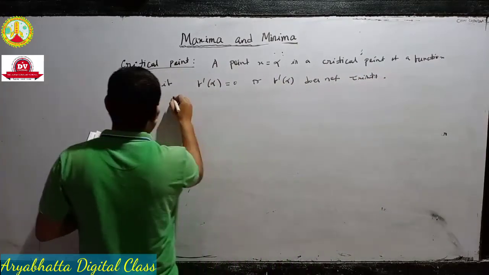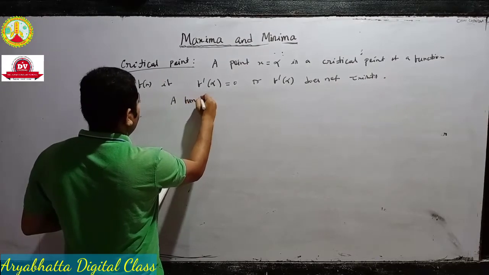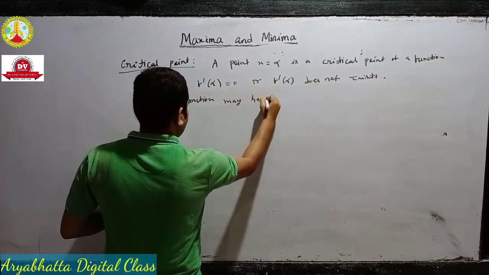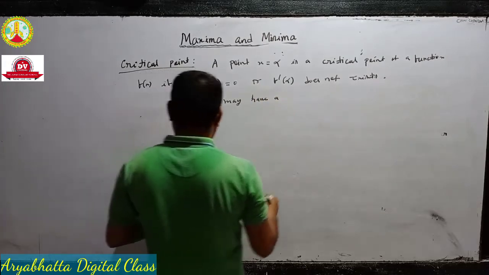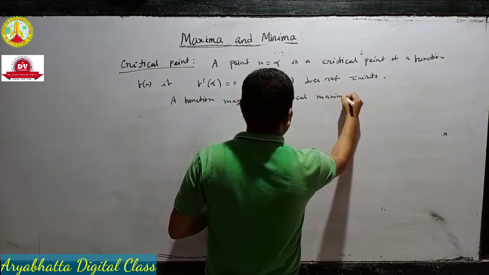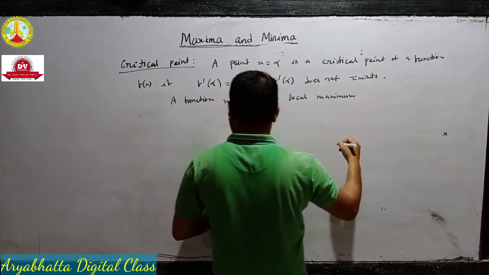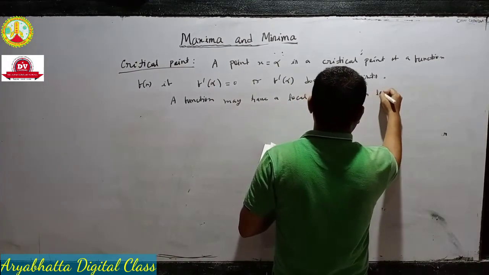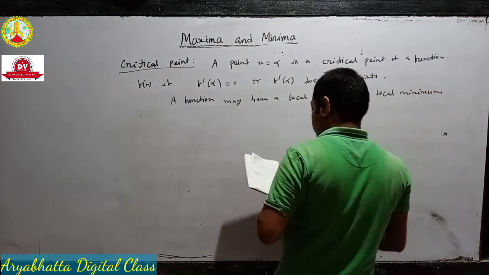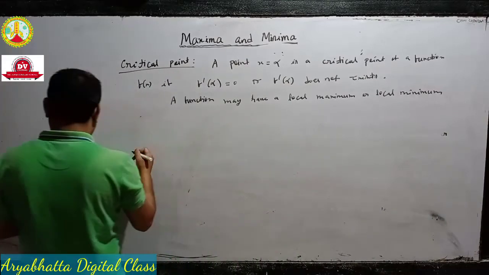A function may have a local maximum or local minimum at critical points.